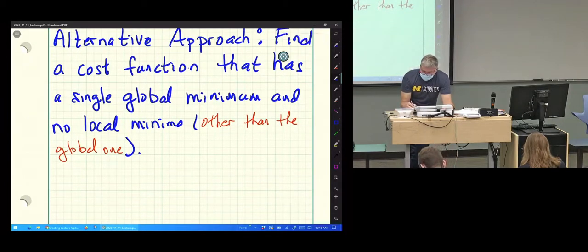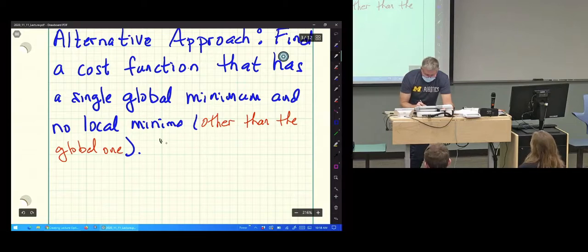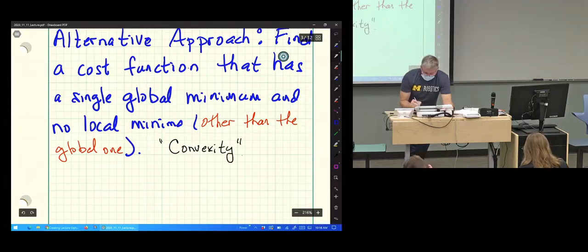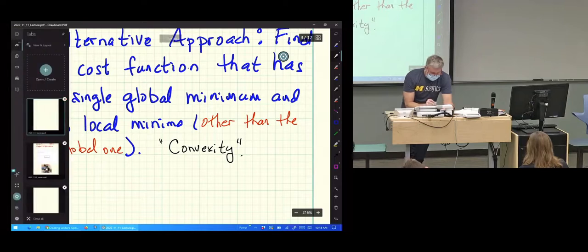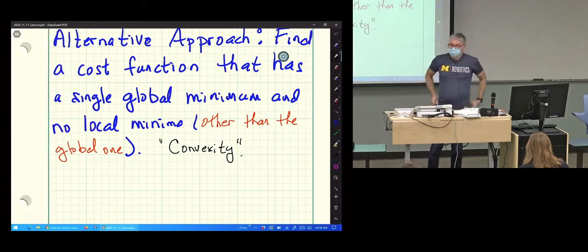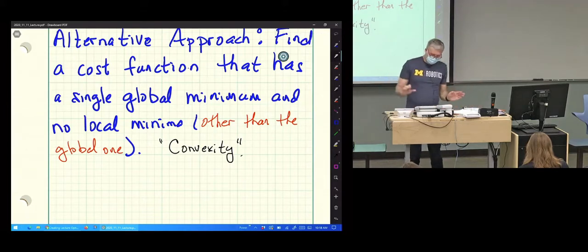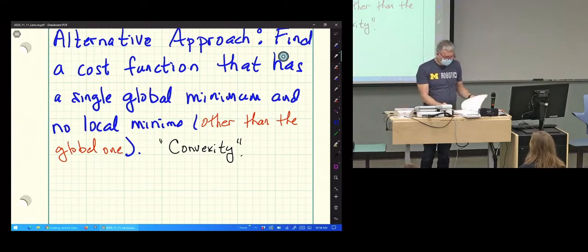Okay, and there's a magic word that goes with that, and we'll talk about it later in the week or by Monday. It's called convexity. It's a property on functions that makes everything beautiful and nice.